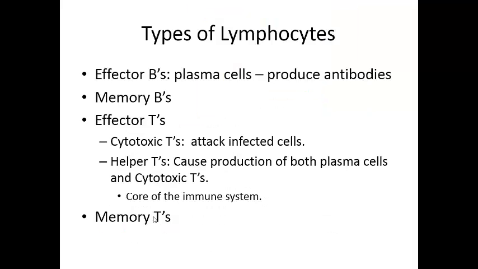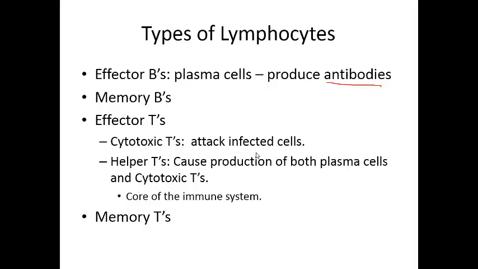Here we see all the different types of lymphocytes that can be created. Number one, again, you have the effector Bs, which we call the plasma cells, that produce antibodies. You also have memory Bs, which will remain in your bloodstream for weeks or months, that can become effector Bs at a later time.